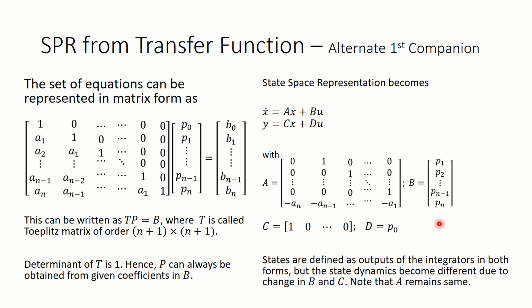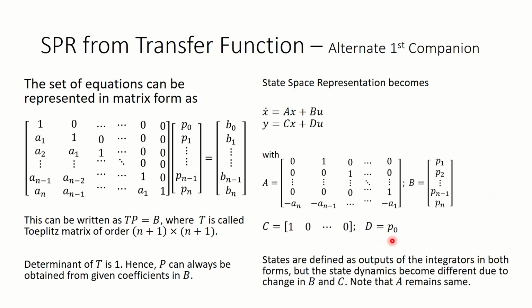So in this case we are dealing with SISO systems basically, since the transfer function is for a SISO system. So it is a vector, this is also a vector, and D will be p0, since y is x1 plus p0u. So D is p0.